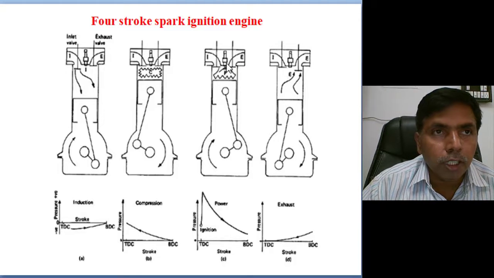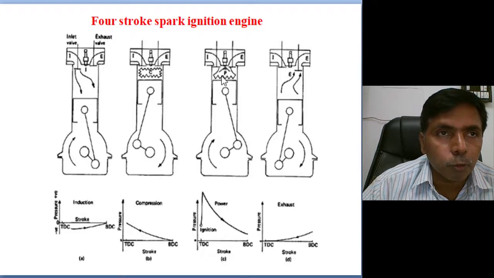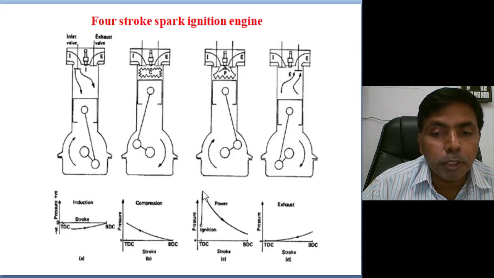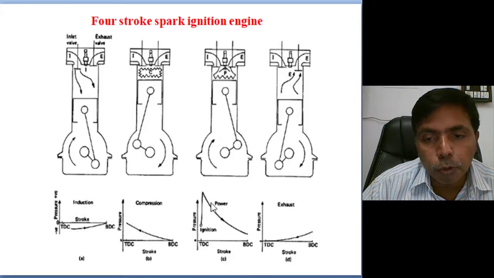At that time the spark plug is giving spark. Because of the spark, origin created, flame front created, and combustion is initiated and completed. At the end of combustion, it will reach peak pressures. After reaching peak pressures, the piston moves TDC to BDC producing work. Adiabatic expansion or power stroke is taking place.